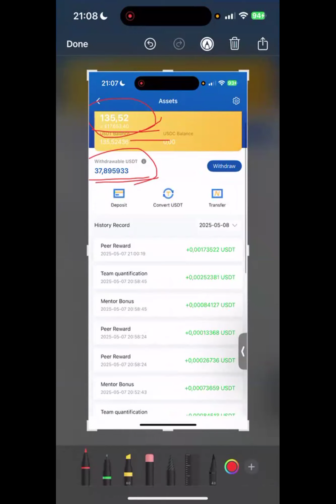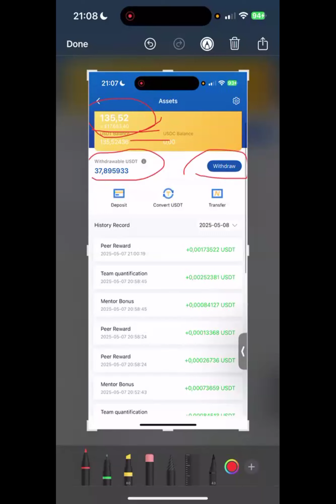It means 98 USDT is not yet 24 hours on the system. That is why that one cannot be withdrawn. But once it's 24 hours exactly, it adds up to this. So if I want to withdraw money now, I can only withdraw the 37 point something.